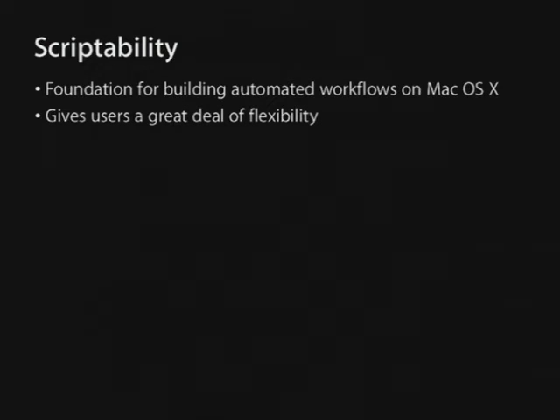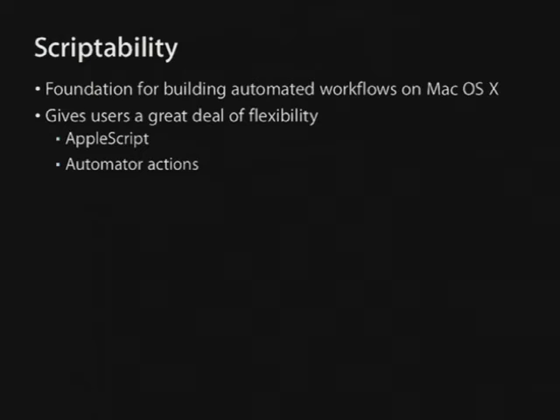Scriptability, as you might imagine, gives users a great deal of flexibility to work your application into all kinds of workflows, things you might not have even imagined your application would be used for. Now, back at the turn of the century, scriptability essentially meant users using AppleScript. But since then, we have a lot of additions to this.